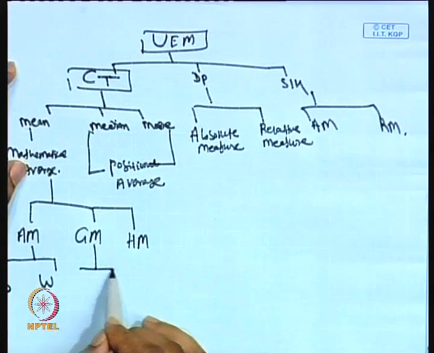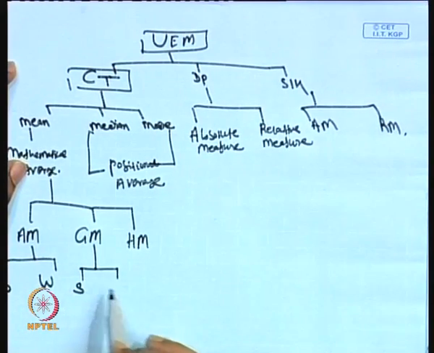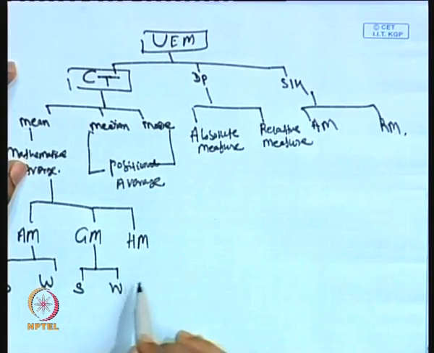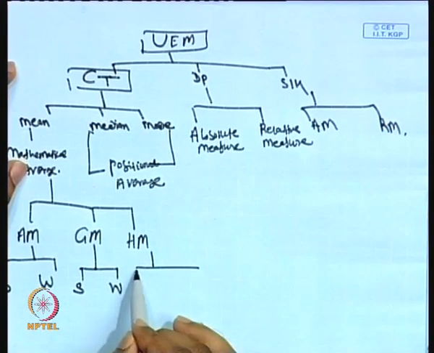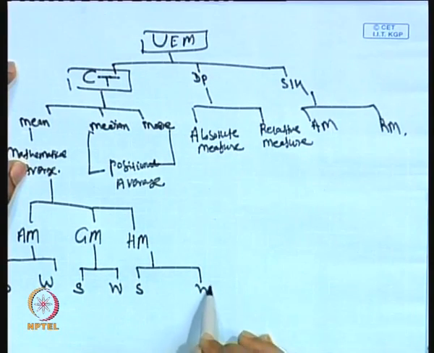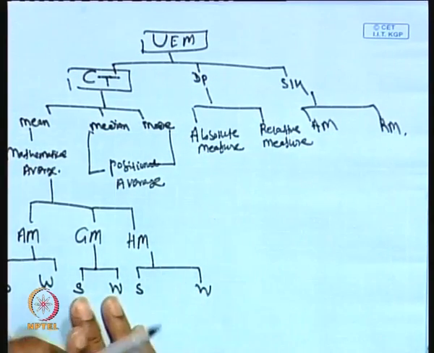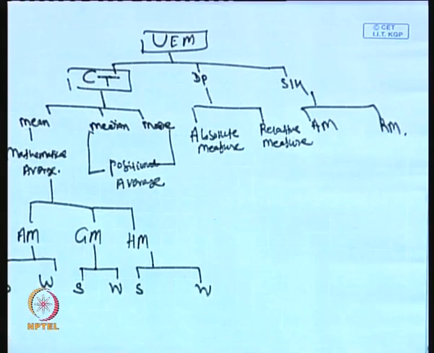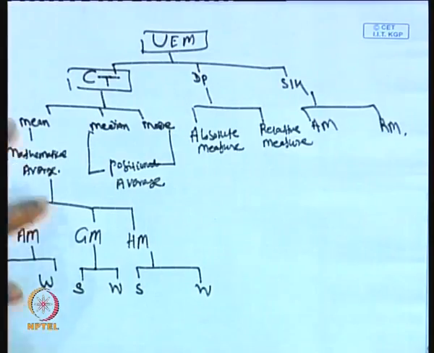Similarly, geometric mean can be calculated with a simple structure and by assigning weights. Harmonic mean can also be calculated in a simple structure and by weights. Okay. So, now the structure of central tendency is that we would like to know what is the mathematical average and what is the positional average.